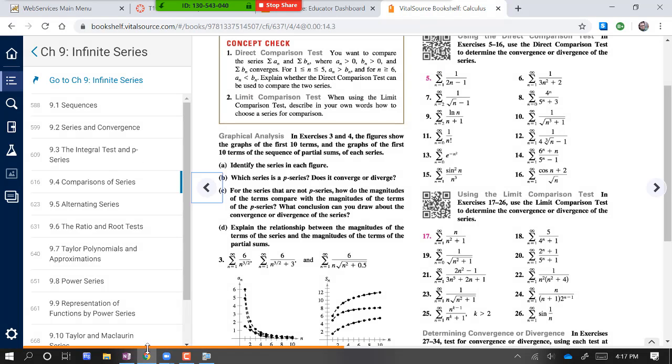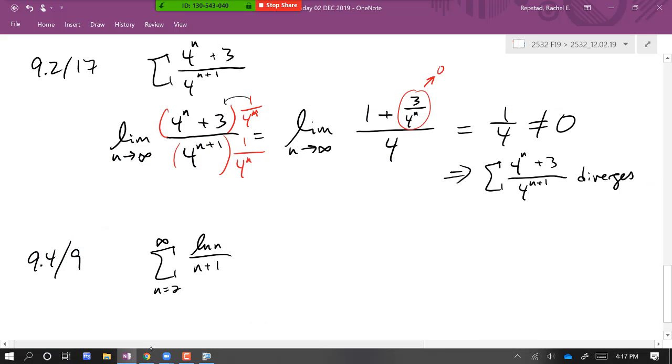I think this is direct. Yeah, it asks us to use the direct comparison test. So I was like, oh, compare ln n over n.